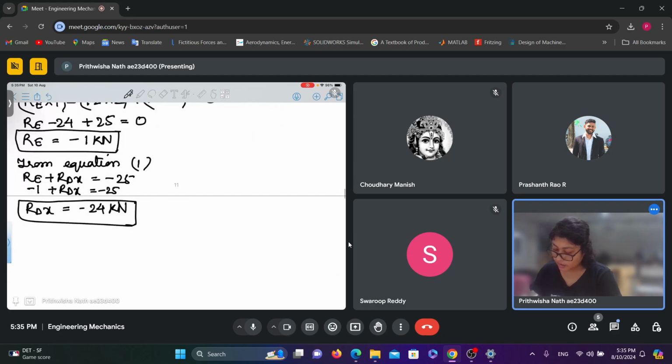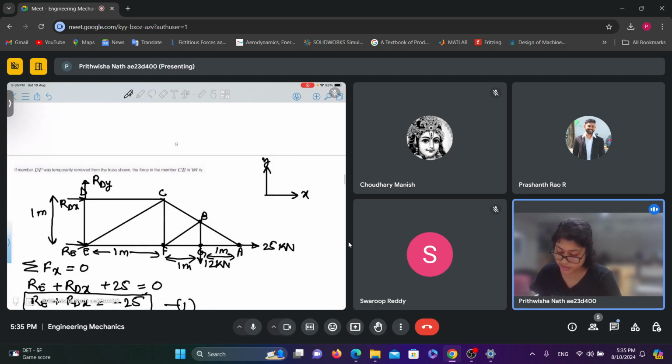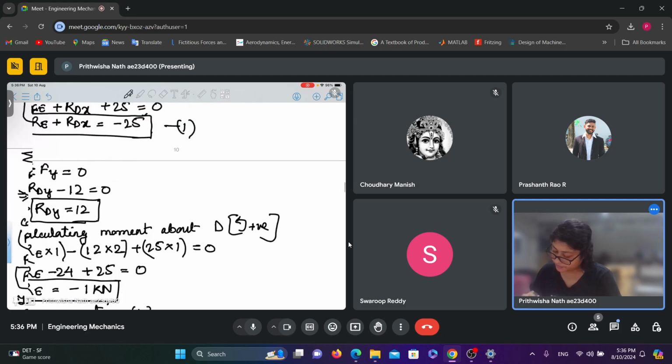So now we still need to compute the force in member CE.